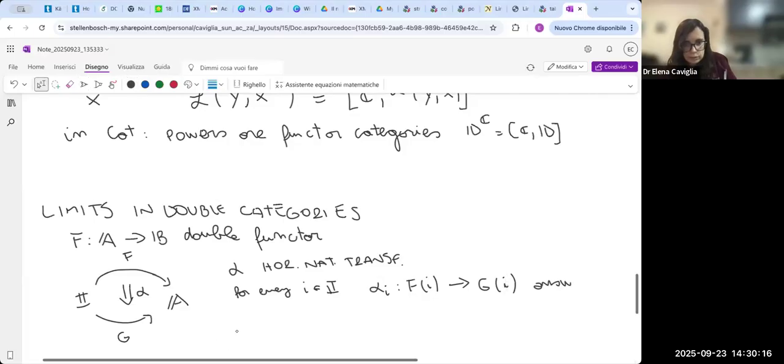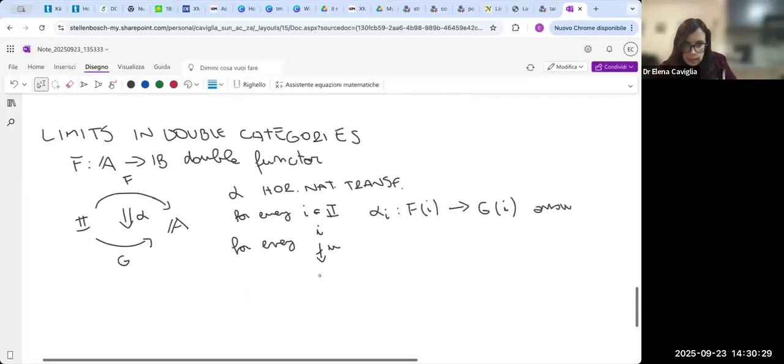But then for every pro-arrow, so if we have a pro-arrow in I, let's call it U from I to J, we have a double cell associated to it.